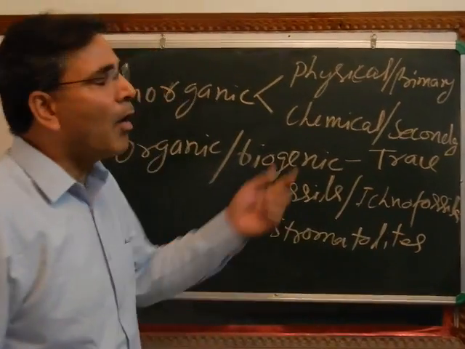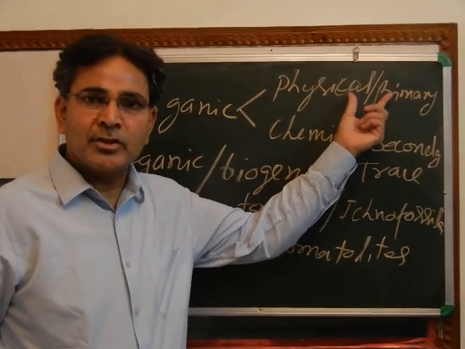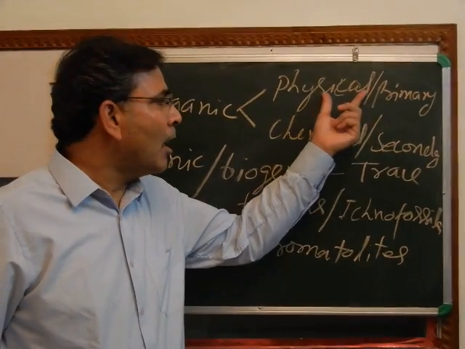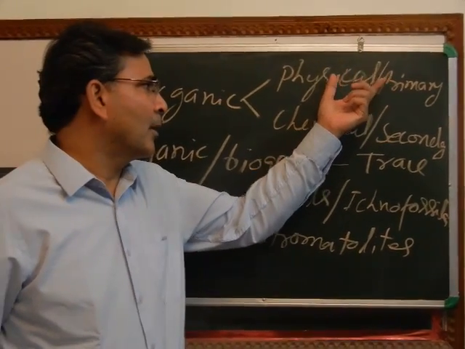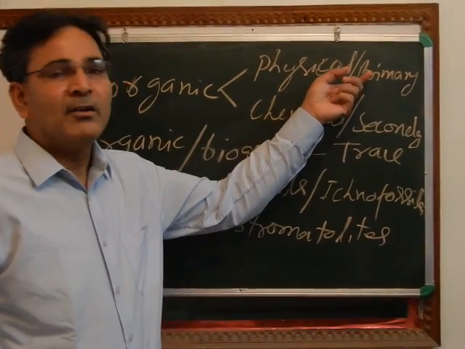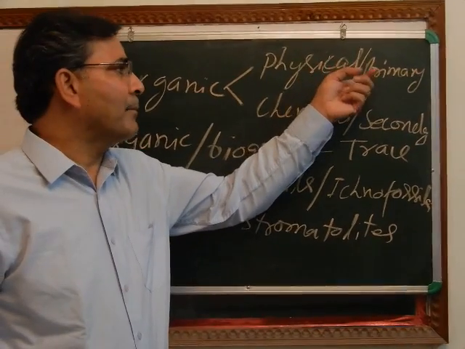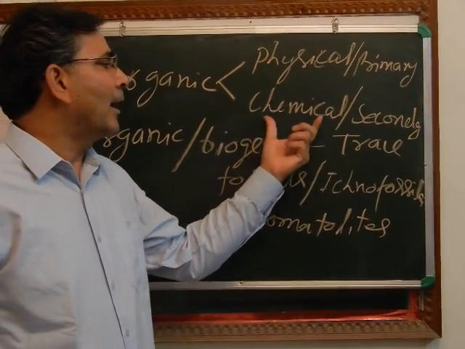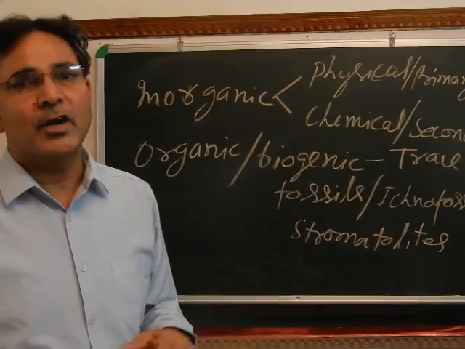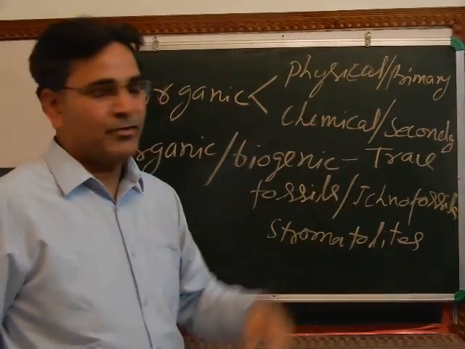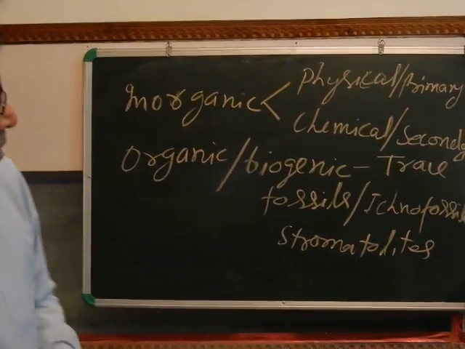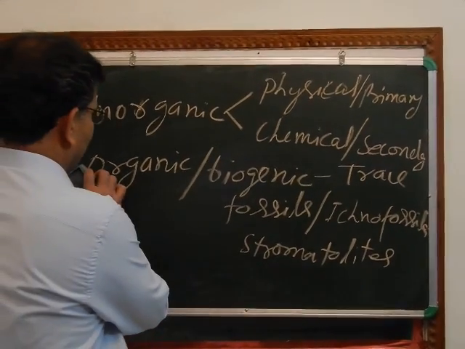It means all those sedimentary structures which are formed during or just after the deposition of the sediments or sedimentary rock, they are known as physical or primary sedimentary structures, and all those which are formed after the formation of the sediments and the sedimentary rock, they are known as chemical and secondary sedimentary structures.